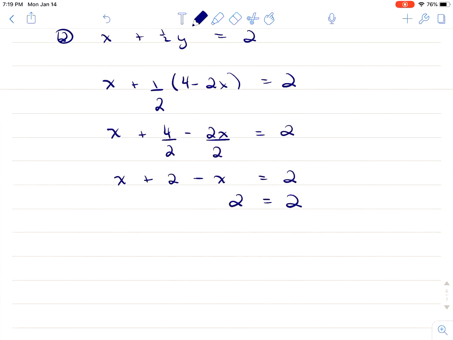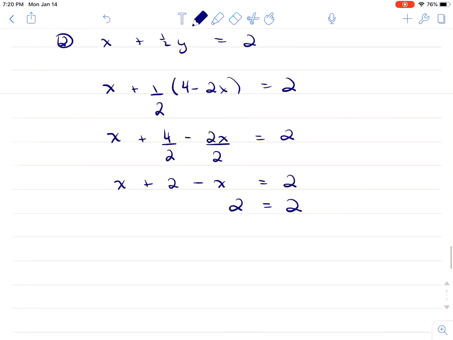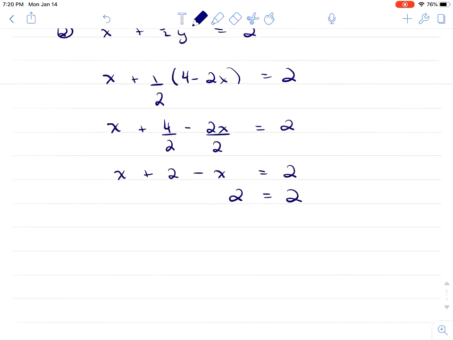So those are the special cases where you either have an infinite number of solutions or no solutions, or just like we did previously, where you actually have a solution. Most common is going to be that there is a solution and I need you to find it, but I also expect you to know how to deal with infinite solutions, and if you come to a false statement, you have no solutions.